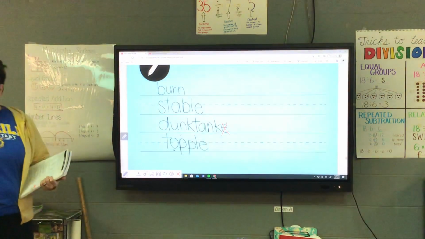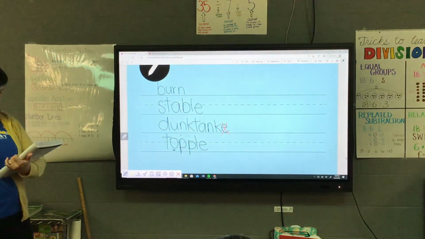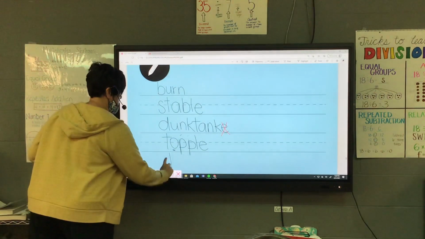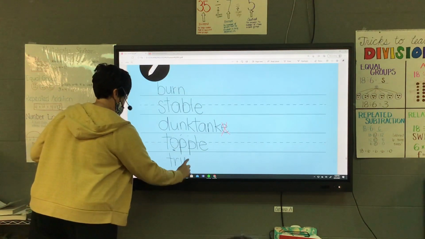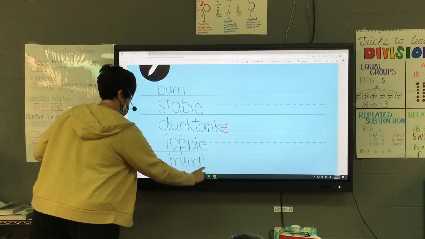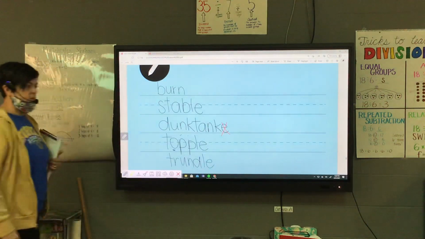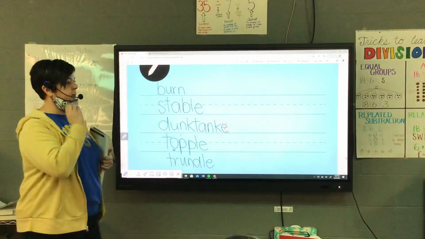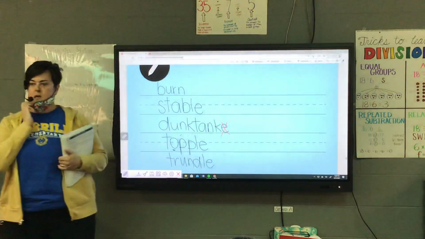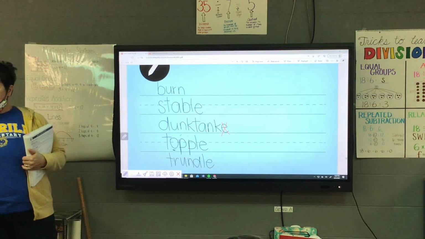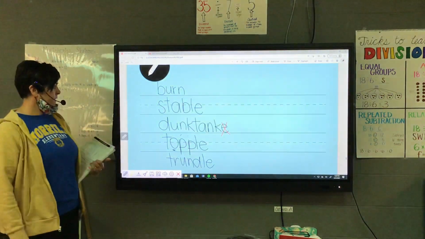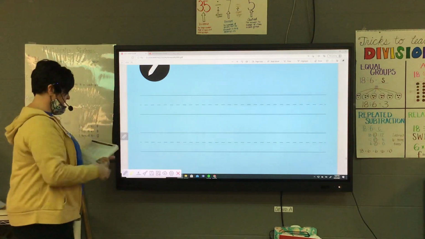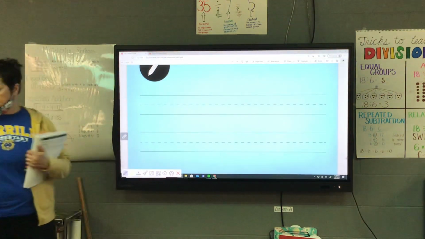Okay, after topple, we had trundle. If you misspell it, cross it out, write it correctly with your red pen. So far, good job. All right, I'm going to clear those and go through the next 5 words.